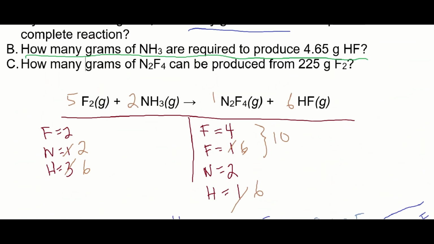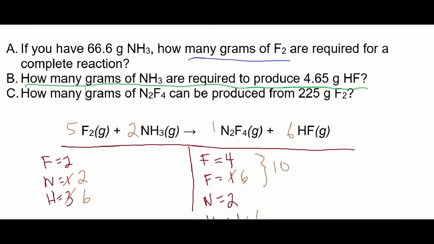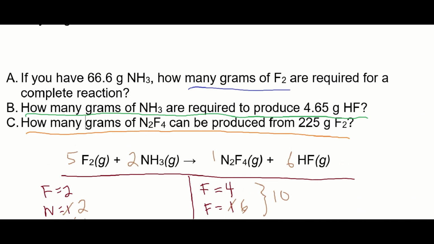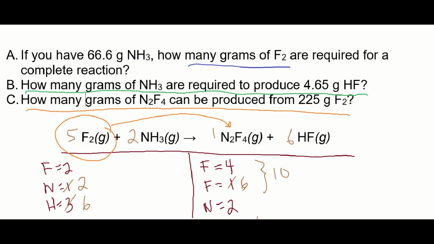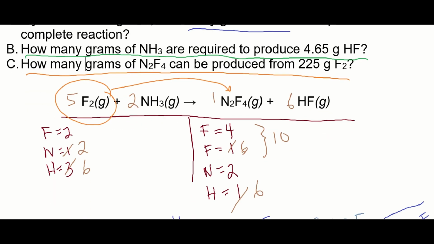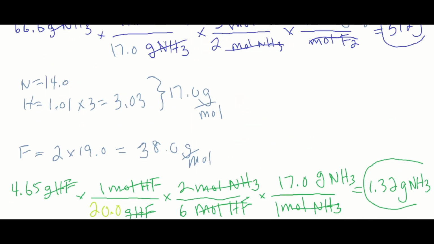Moving on to part C. How many grams of dinitrogen tetrafluoride can be produced from 225 grams of fluorine? Okay, so now we're given this reactant, 225 grams of it, and asked how much of that product can we make. All right, start with what we're given, 225 grams fluorine.